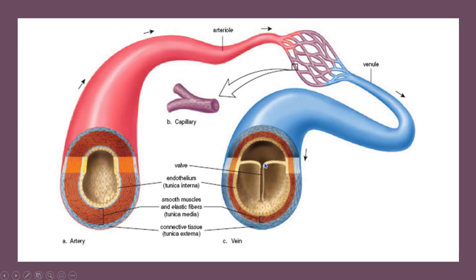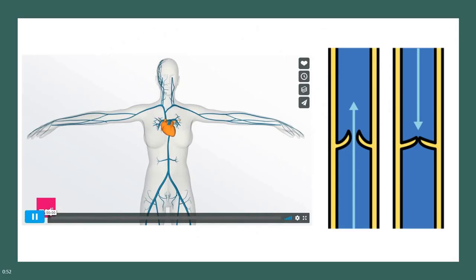The only veins that are going downwards are the ones from your head. Okay? Now, this is a short video. You can see this is the structure of the veins on the right.